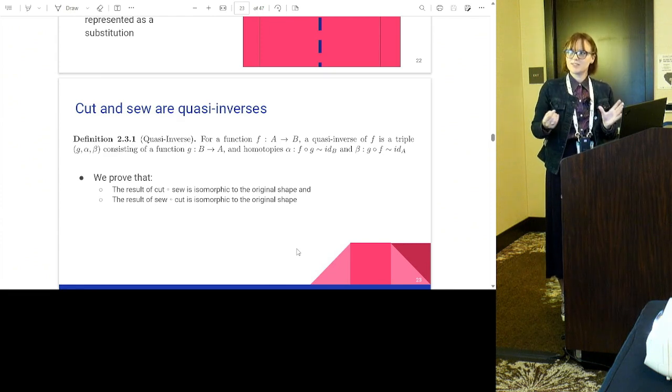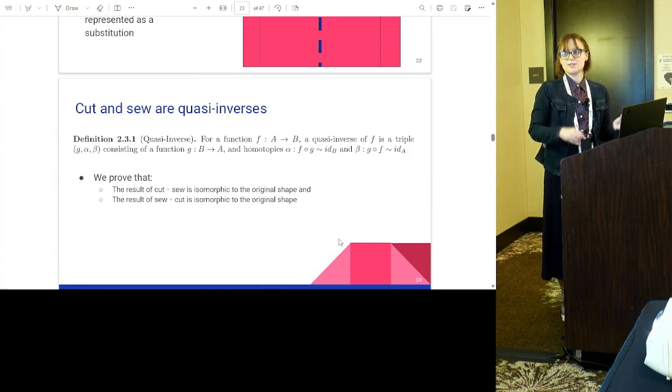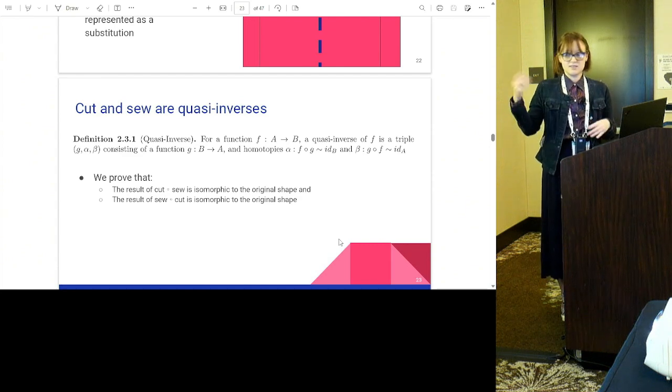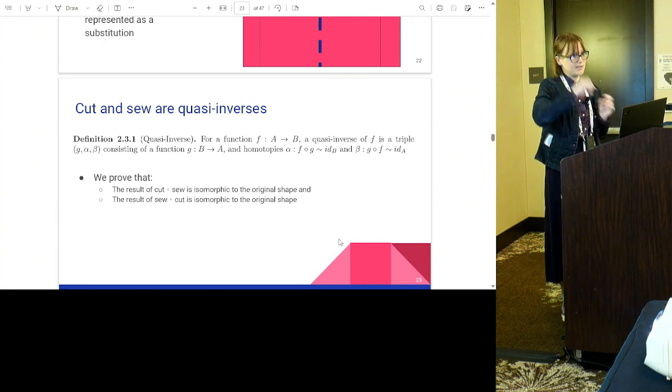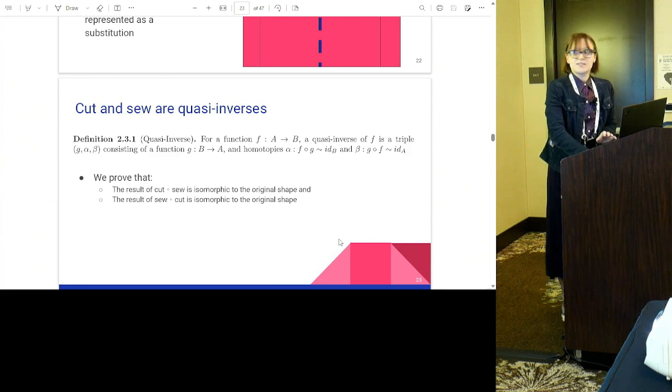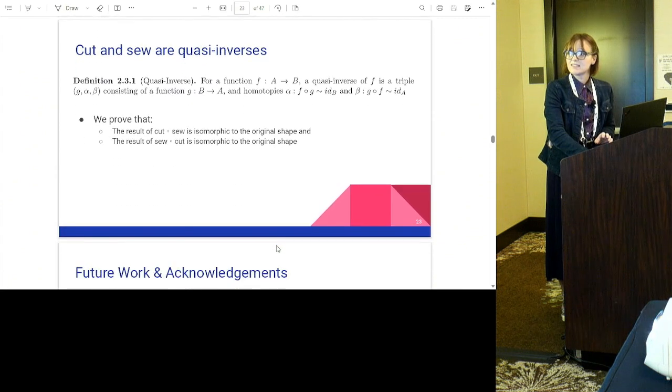And the really convenient thing is that when you compose the cut operation with the sew operation, you always end up with the same shape as before, albeit with a new seam in it. And same for vice versa. If you sew two things together and then cut that exact new seam, exact edge, then you end up with the same two shapes that you started with. So that's very awesome. That's very convenient because that's exactly what you would expect to happen in real life, and it matches up with our semantics.